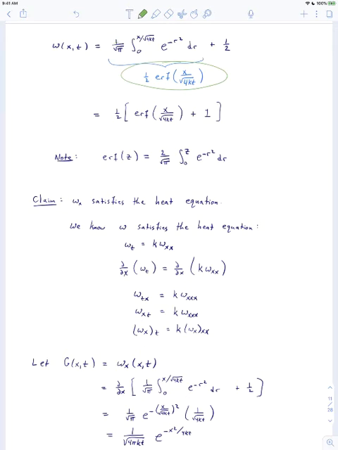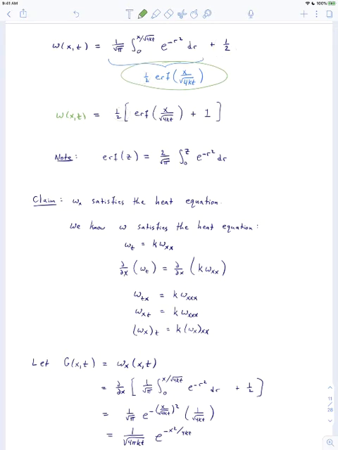So it's 1/2 of the error function evaluated at the upper limit of integration, x over the square root of 4kt. So we can write w of x comma t as, if we factor out that 1/2, there's also that 1/2 there. So that's this 1/2.